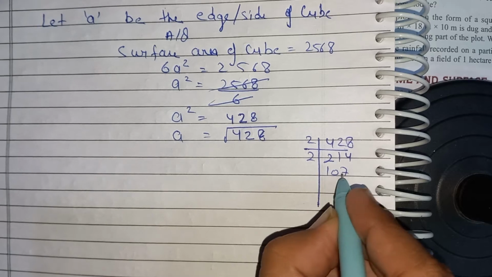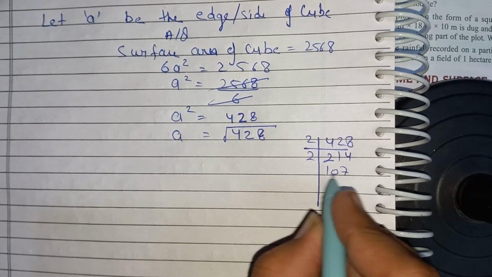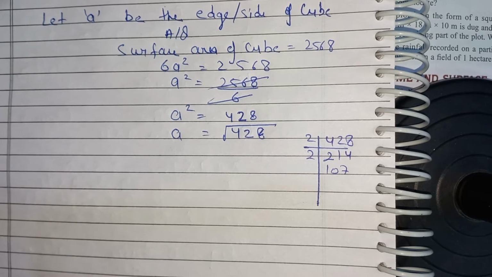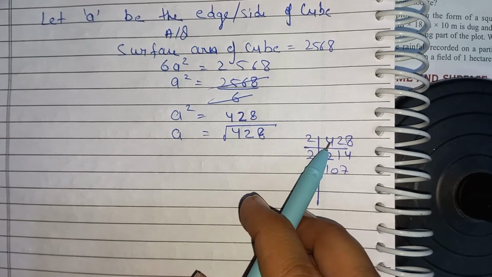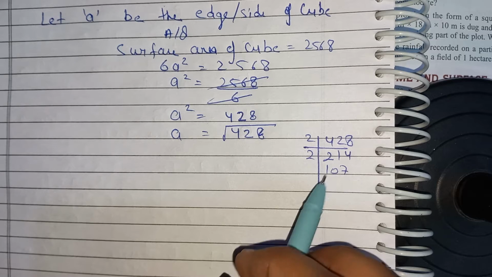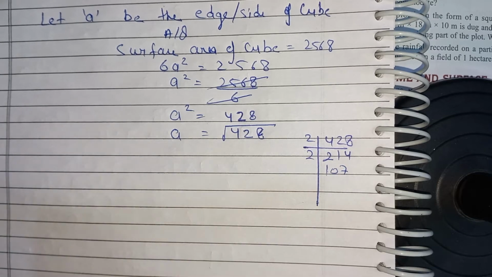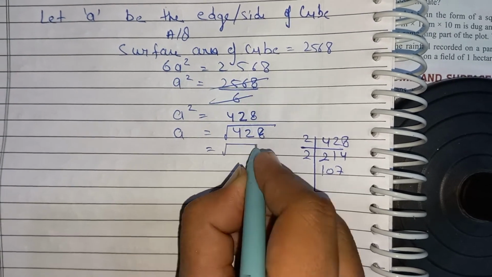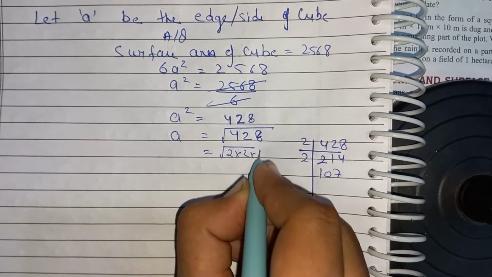Now 107, from which number is it divisible? Actually it is not divisible by any number, it is a prime number. So I can write it like this only: 2 into 2 into 107.